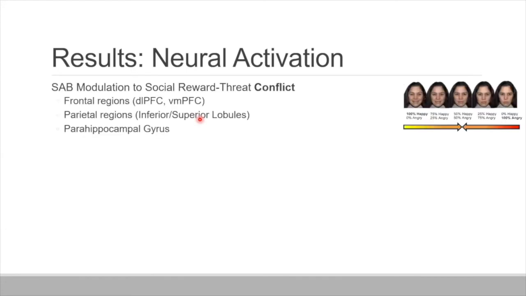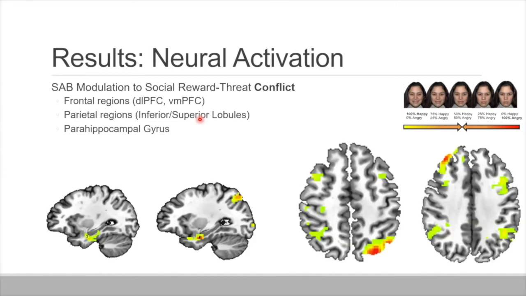The next thing we looked at was the neural activation in our whole brain analysis. For the social reward threat conflict condition, even at this more stringent whole brain correction threshold, we see a whole range of regions, both frontal, parietal, and subcortical.